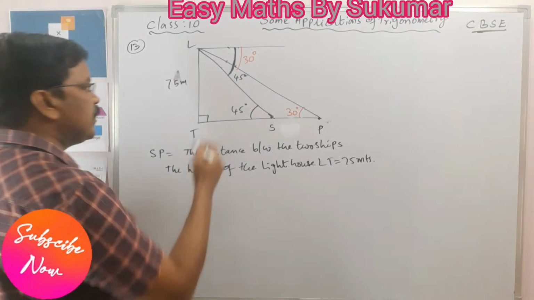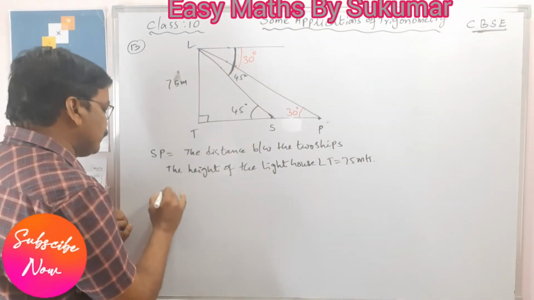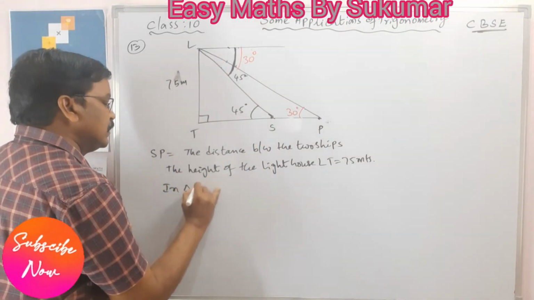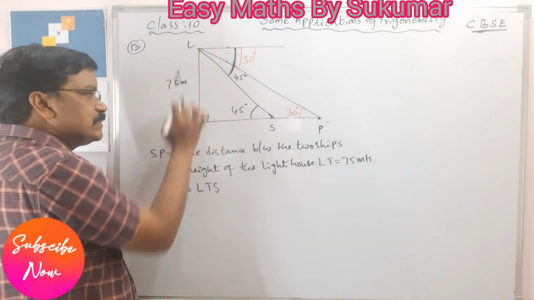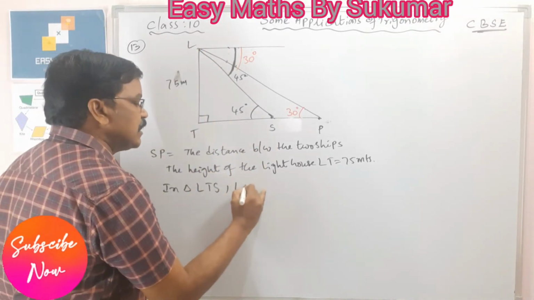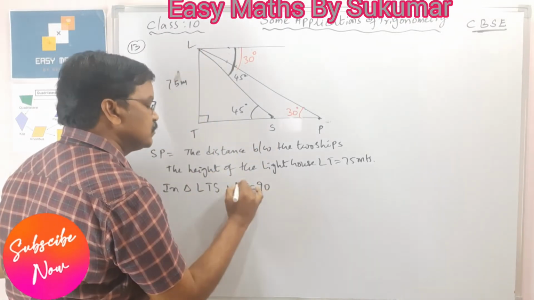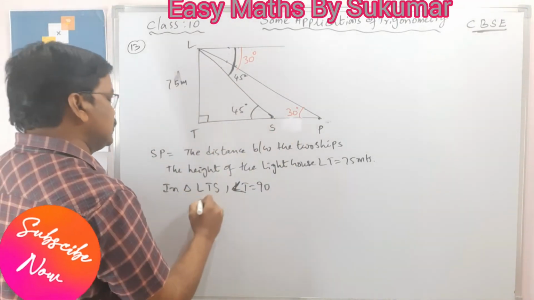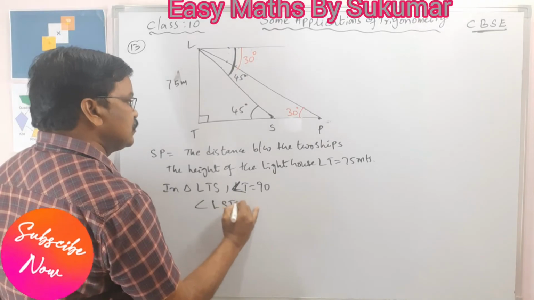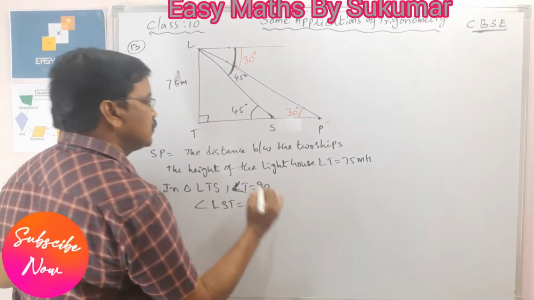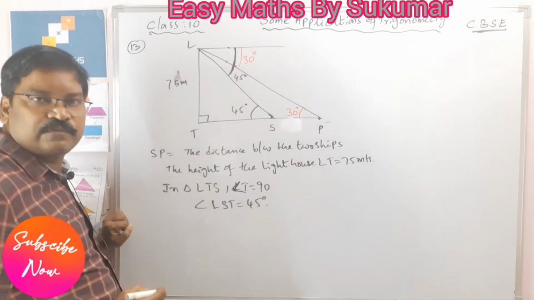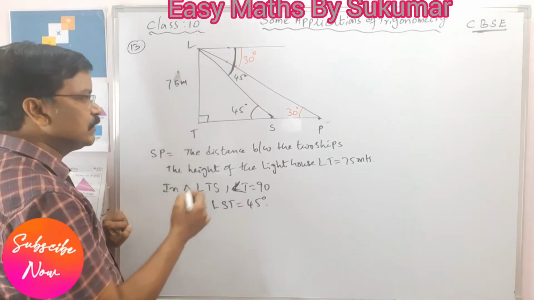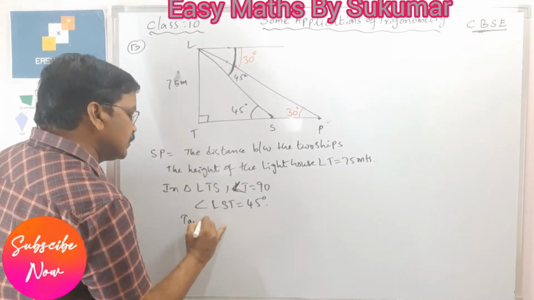Okay. So my dear students, take the triangle LTS first. In triangle LTS, of course angle T is equal to 90 degrees, and angle LST is equal to 45 degrees. So in this triangle, what is tan 45 degrees?